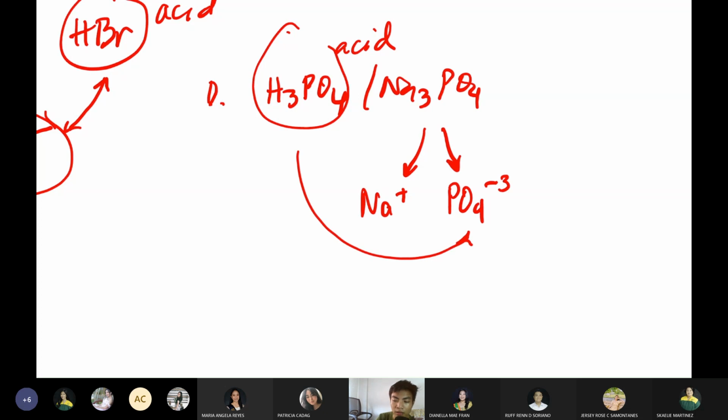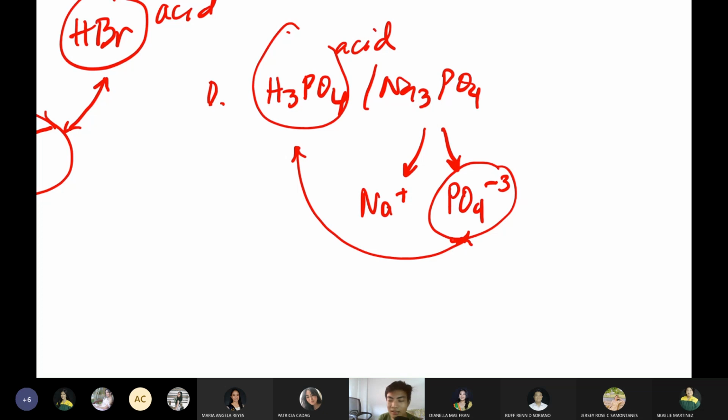Compare. Are the two related? When I say related sila, that means conjugate acid-base pair sila. Ang tanong, conjugate acid-base pair ba sila? Anyone? Ang sagot ay hindi sila conjugate acid-base pair.